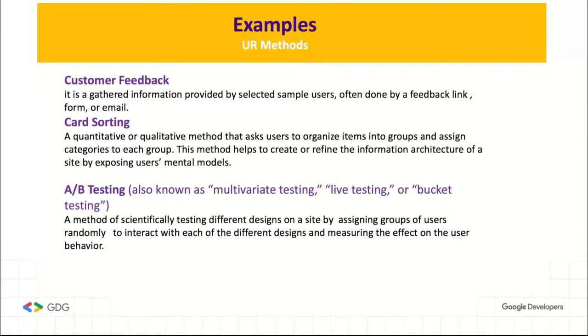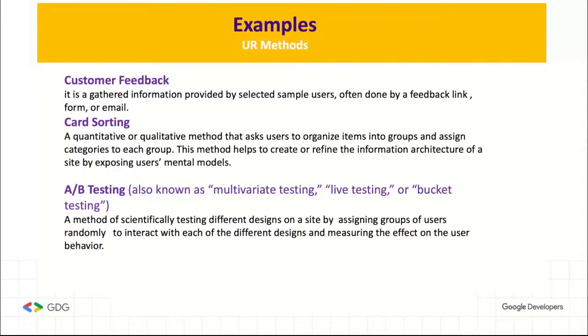Card sorting is also a quantitative or qualitative method. It can give you information about how many and who is using your product. This method asks users to organize items into groups and assign categories to each group.